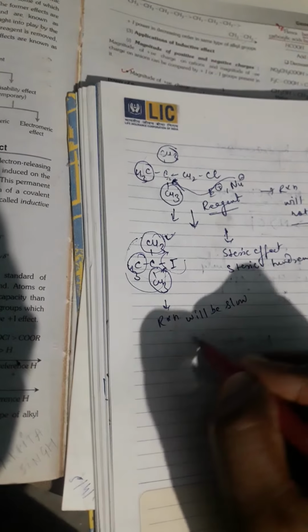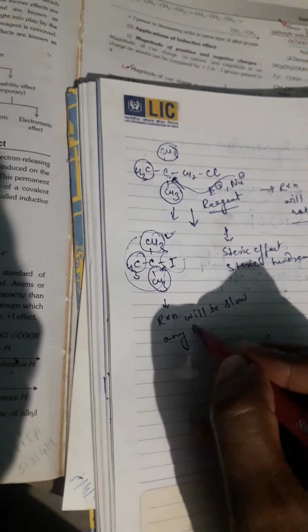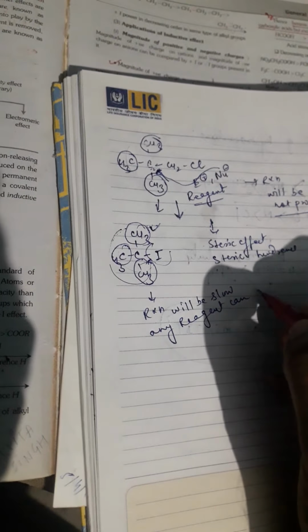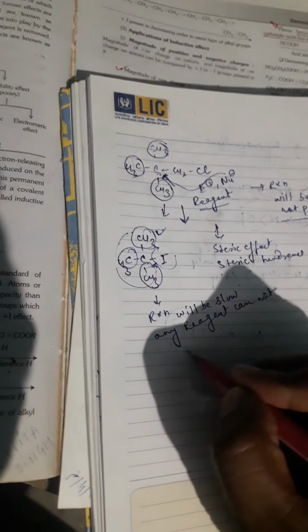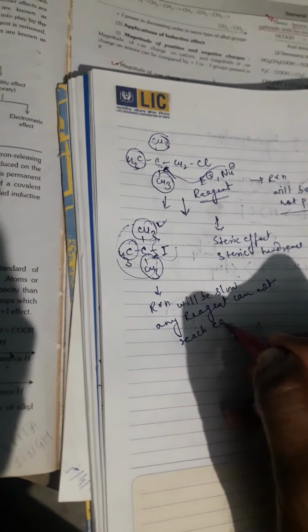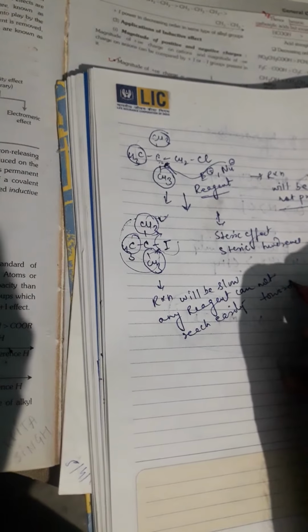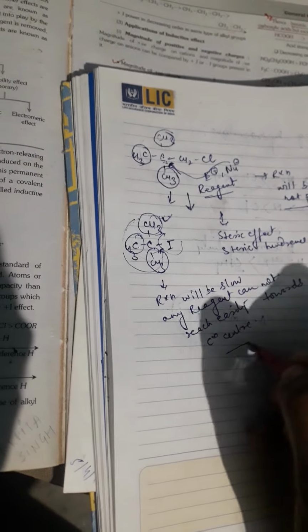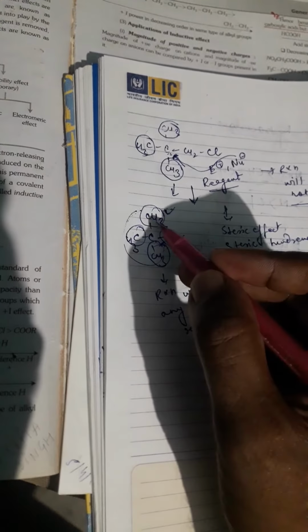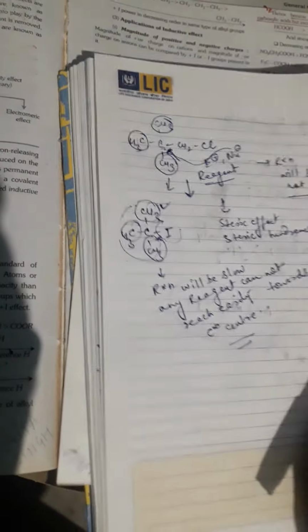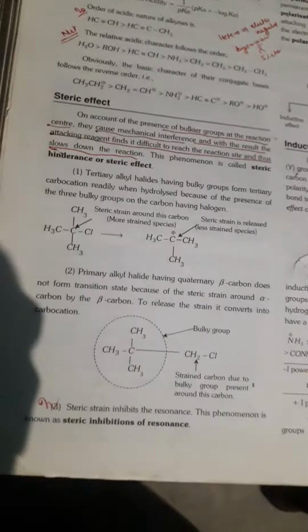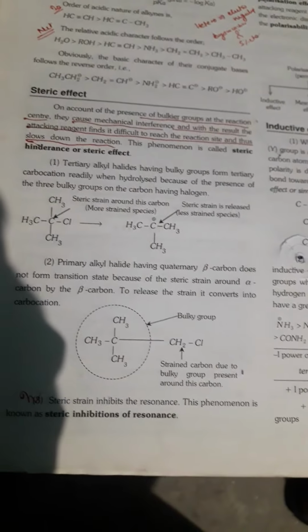Any reagent cannot reach the carbon center easily, because these groups cause steric hindrance. So this is called the steric effect. I think you understand what I want to say.